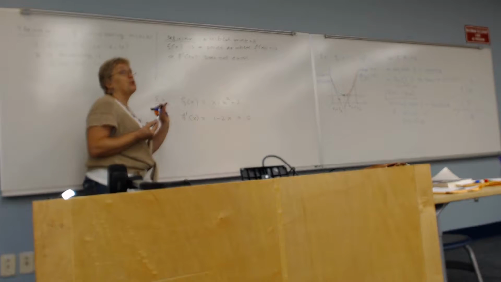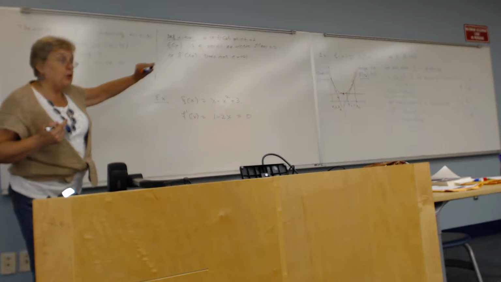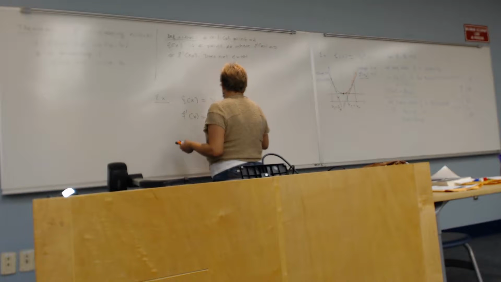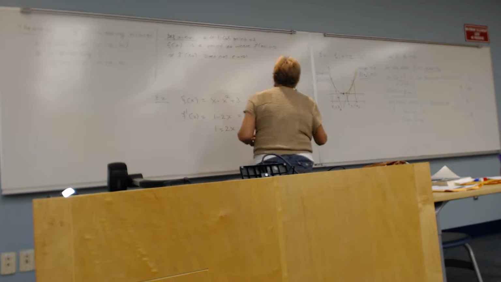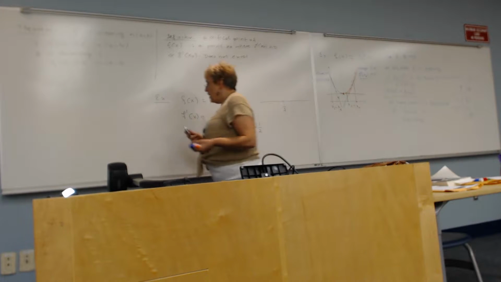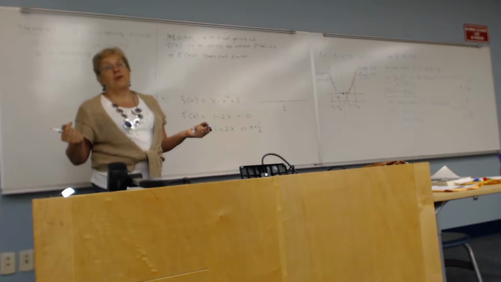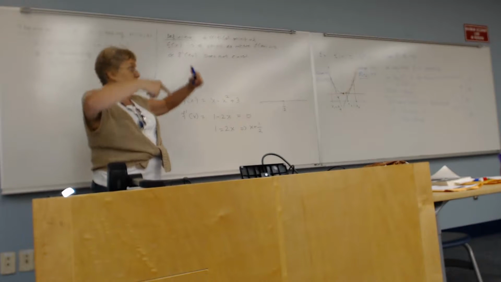We set that equal to 0, and that will give us the point where the tangent line is horizontal, the critical point. So we solve for x, and that will give us x equal to 1/2. So now x equals 1/2 is the critical point, and at this point the derivative will be 0, and that will be the vertex of the parabola, because we know already what to expect, right?